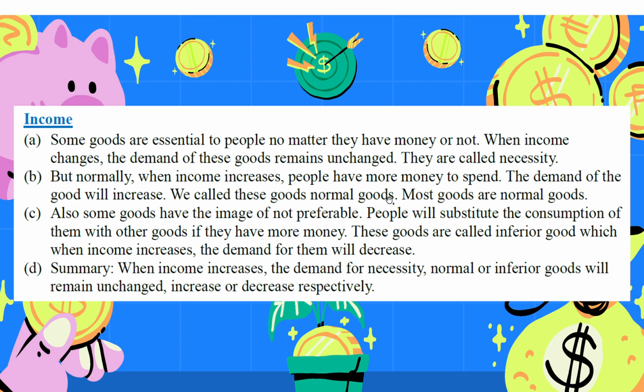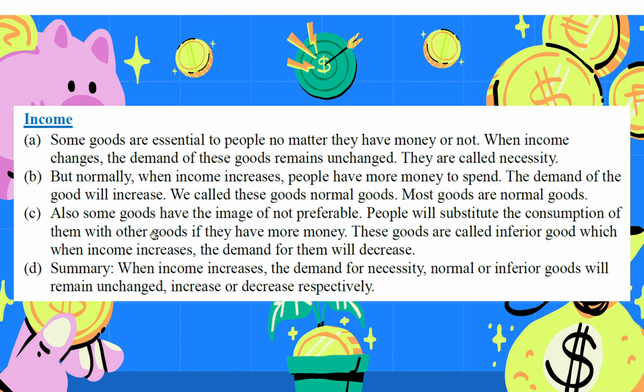When we talk about some goods being normal, of course some goods are not normal. Most goods are normal. Which goods are not? Some goods have the image of not being preferable. If people have more money, they will substitute this consumption with other goods, for example fast food. We think fast food is unhealthy. When we are poor and don't have much money, we go to the fast food shop.